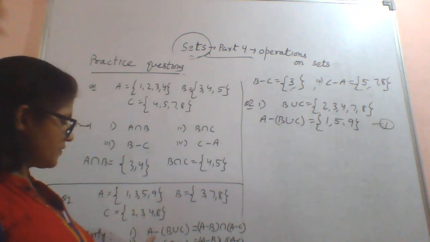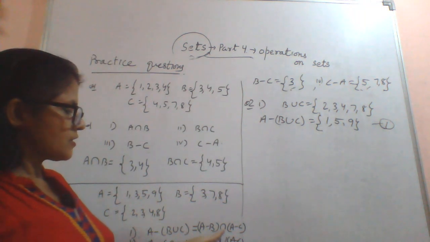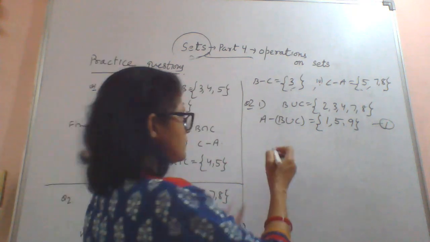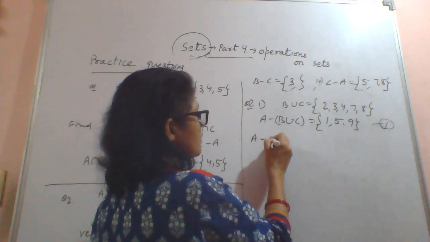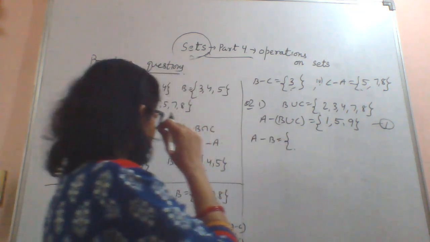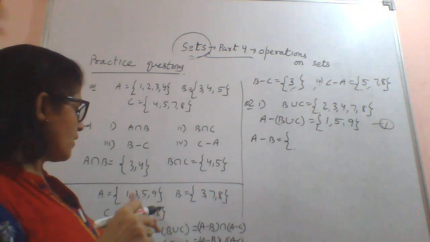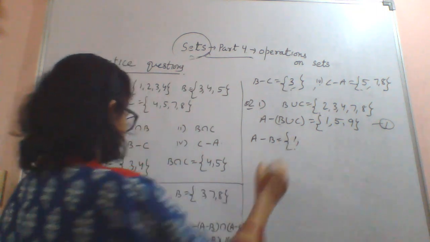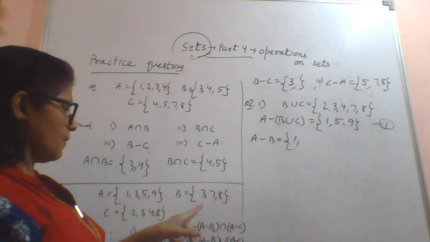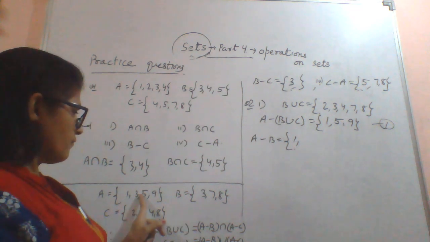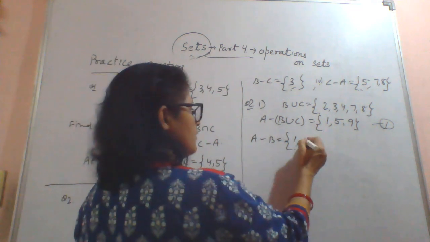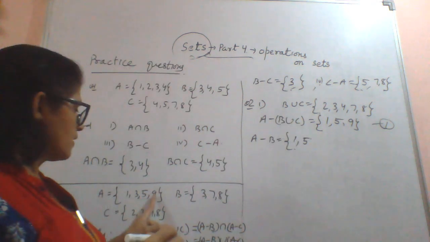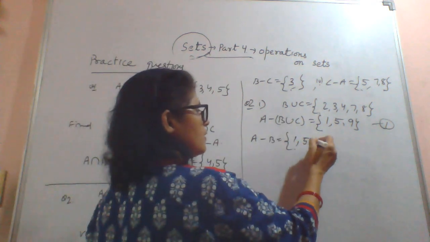This is LHS first. So now (A difference B) intersection (A difference C). Whenever you take A difference B, it will be in A, not in B. So 1, 3 is in both here, we will not take it. 5 we don't have here, so 5 we have to take. 9 we have to take.